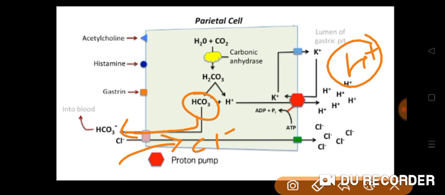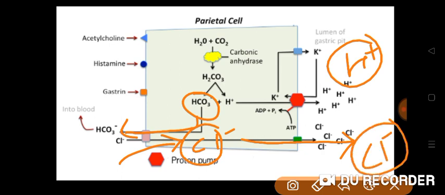And this chloride, Cl minus, goes directly to the lumen of the gastric pit, or lumen of the stomach, with the help of the chloride ion channel, and here you will get the chloride ion.